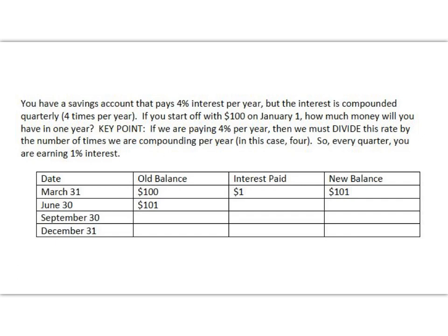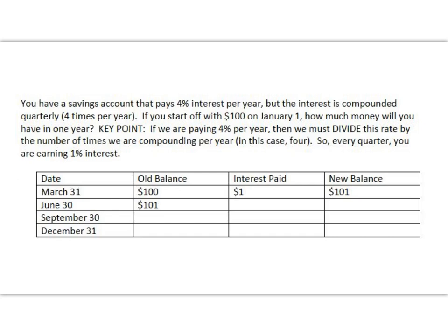Okay, so here we go on some compound interest scenarios, and this is actually kind of cool. It says you have a savings account that pays 4% per year, but the interest is compounded quarterly or 4 times per year. And that's not uncommon with most banks. If you start off with $100 on January 1st, then you need to know how much money you're going to have in a year.